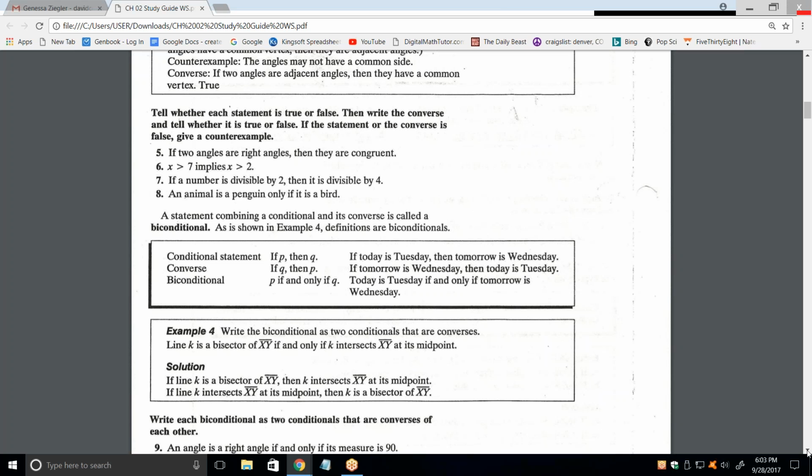Why? If either one of them is false, then we have to prove it's false by giving a counterexample. What counterexample would prove that the converse was false? If x was like 3. Correct. Okay, how about number 7?